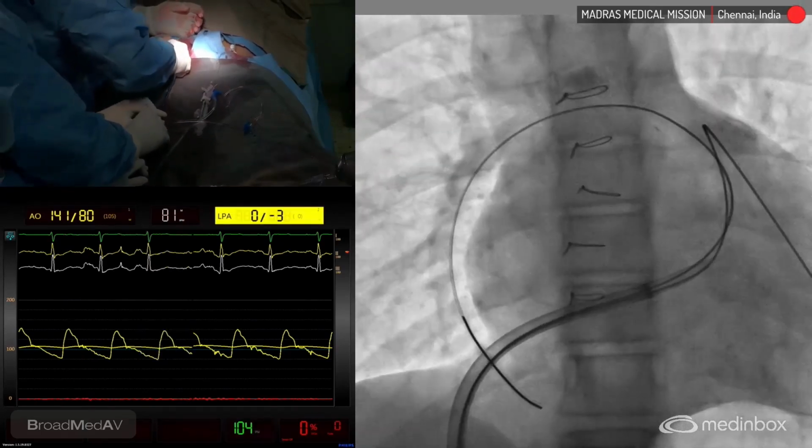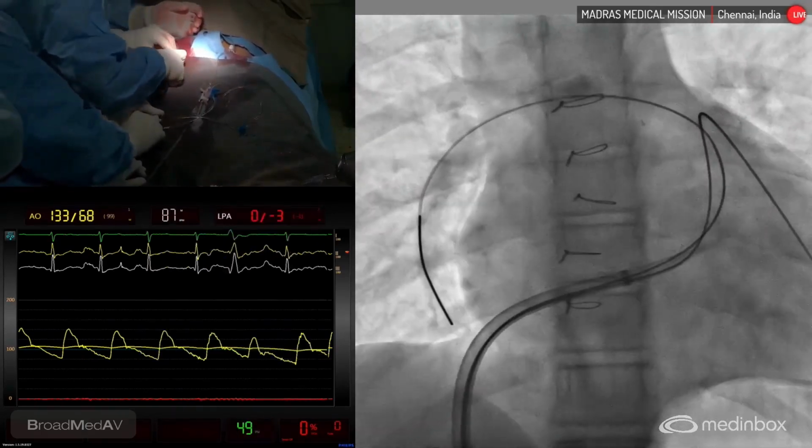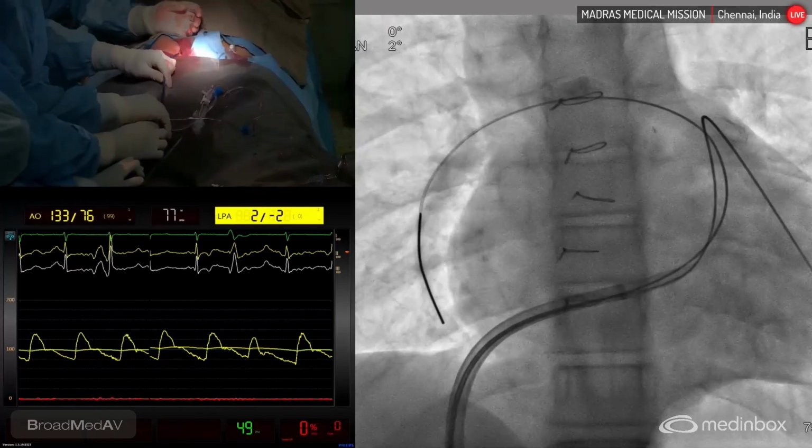These two need to be kept together as I advance.